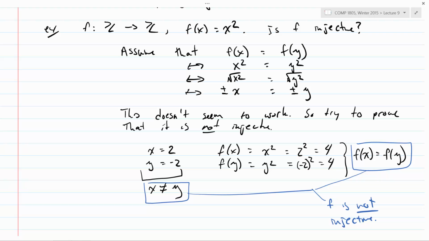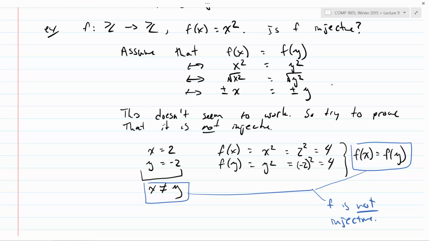But in general, you're right. It could be quite big before you find the first time that this happens. And that's what makes it difficult sometimes. Sometimes trying the proof, like we did here, can give you a hint at what x and y might be, or at least sort of where they might be, if they're likely to be large or small. But again, you can't rely on that.